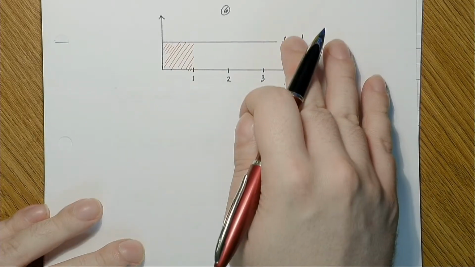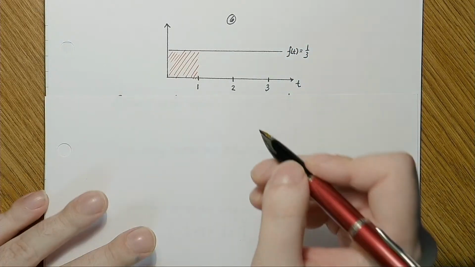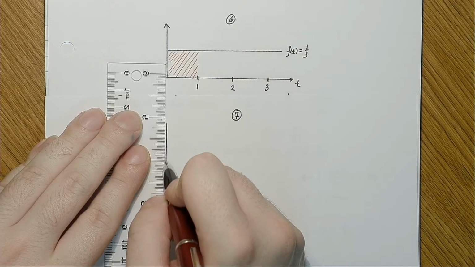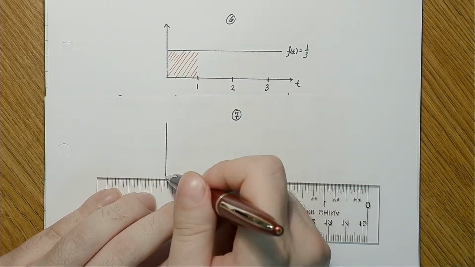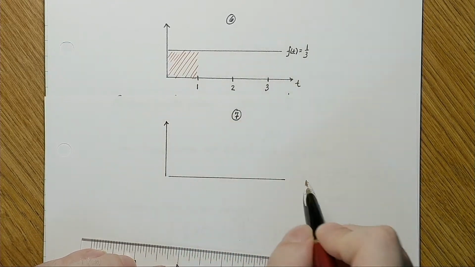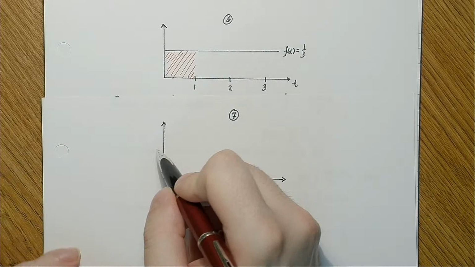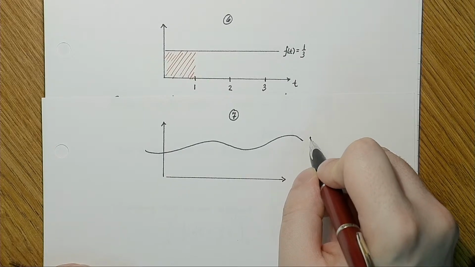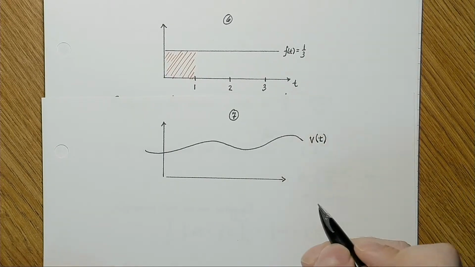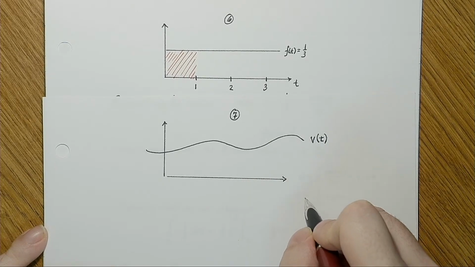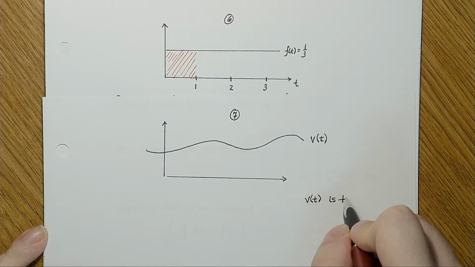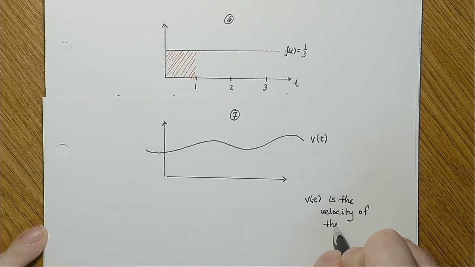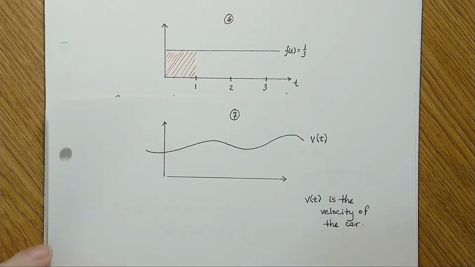So again, just as a little review, if I had this function, I'll say this is v of t, and v of t is the velocity of the car, just of a car.